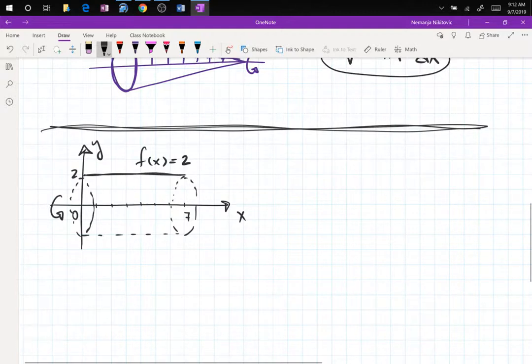So volume for this would be pi integral from 0 to 7. You're integrating 2 squared because your function is 2, the radius is always 2, dx. And that should be something that you can integrate, hopefully, very quickly. What do you get?